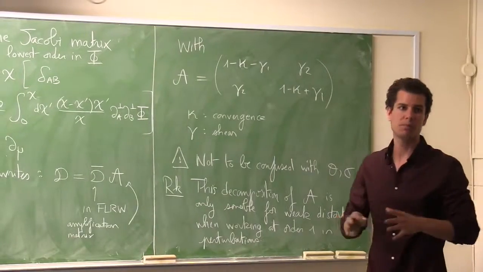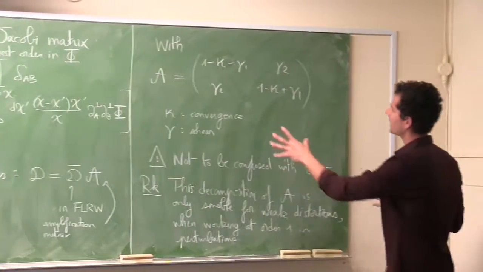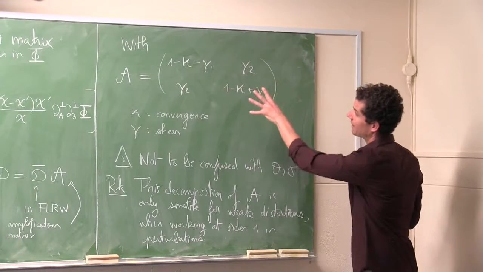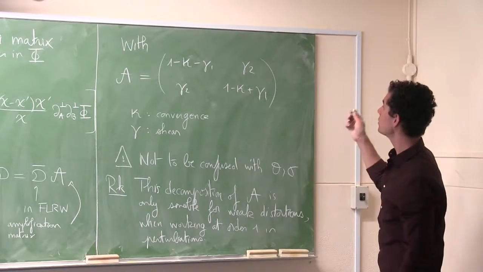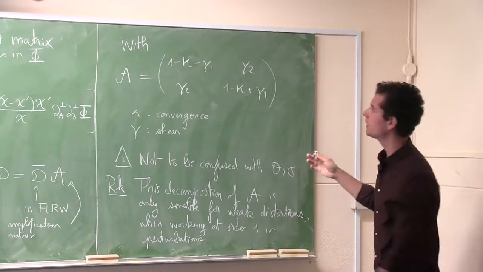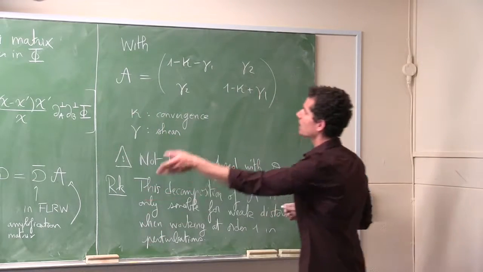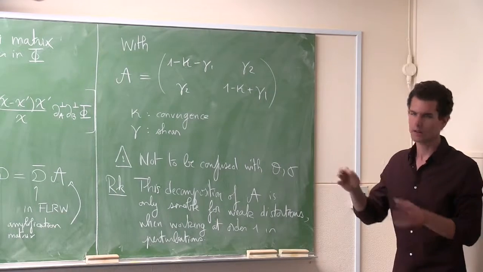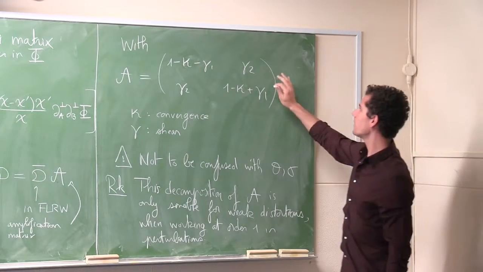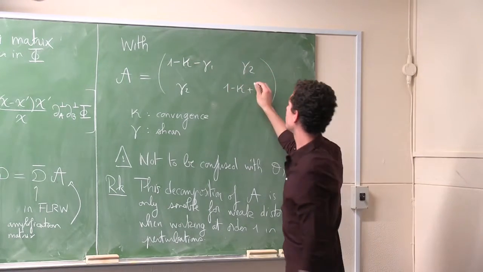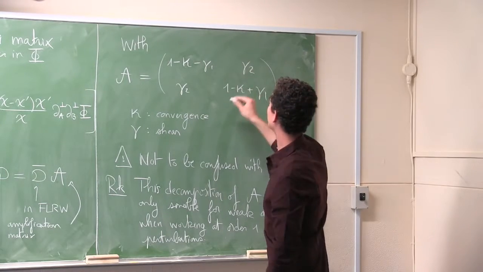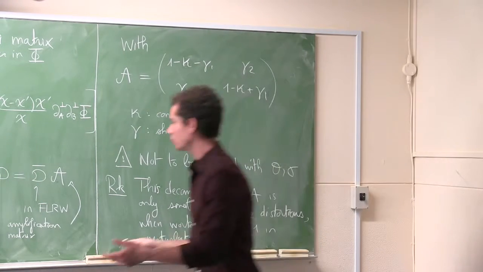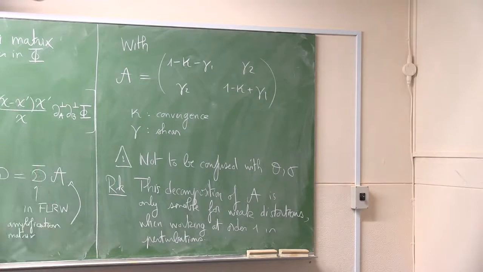If you want a completely general decomposition that is geometrically adapted to what you are studying, you need to introduce something a bit more complicated, with a rotation matrix, a unitary matrix, which would be the exponential of a traceless matrix, things like this. So keep in mind that this decomposition and the meaning of gamma 1, gamma 2, kappa are only sensible when you are considering very weak distortions.